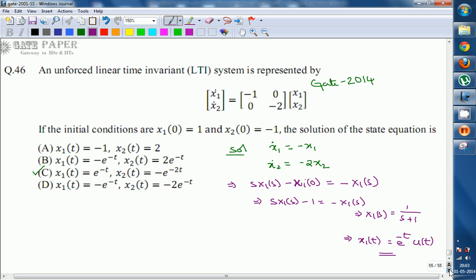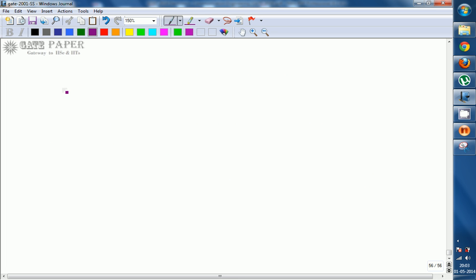Taking the second algebraic equation, that is x2 dot equals minus 2 x2 here. Apply the Laplace transform on both the sides, unilateral Laplace transform. So we will get s into X2 of s minus x2 of 0 equals minus 2 X2 of s.